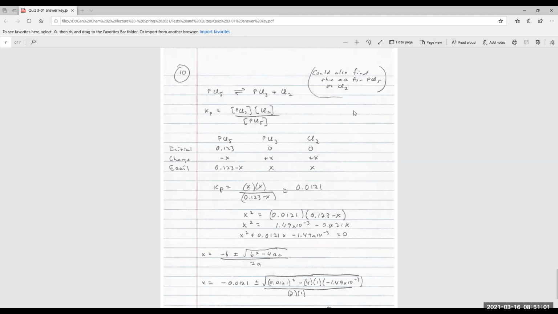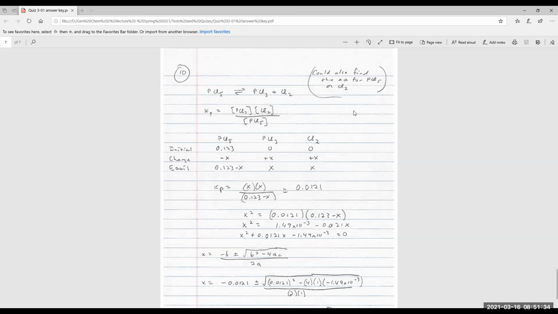So PCl5 is minus X, PCl3 and Cl2 are plus X. And so that tells us that at equilibrium, PCl5 will be 0.123 minus X, PCl3 and Cl2 will be X. We plug those into our equilibrium expression. So we have X times X divided by 0.123 minus X equals the constant we were given, which is 0.0121.